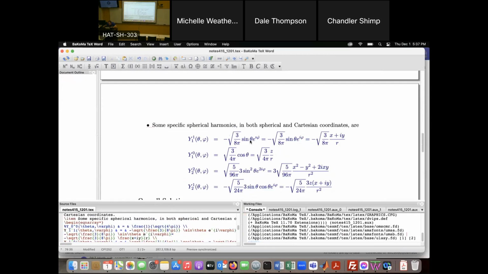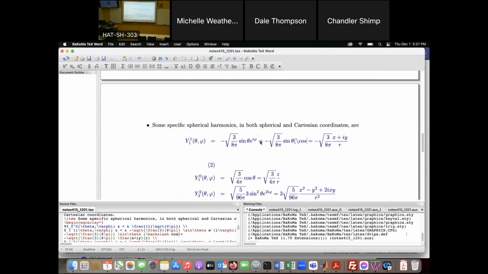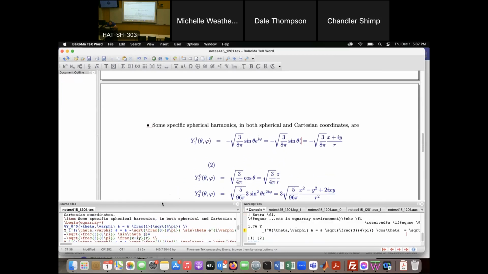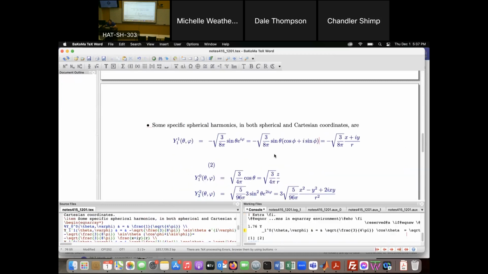So if I take this complex exponential e to the i phi and replace it with cosine phi plus i sine phi.